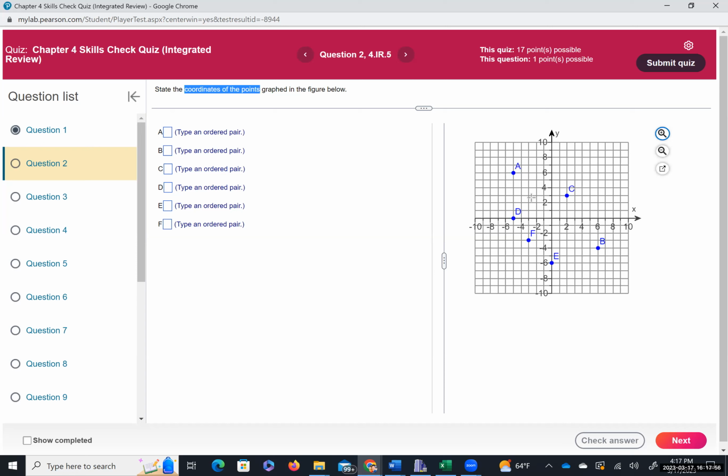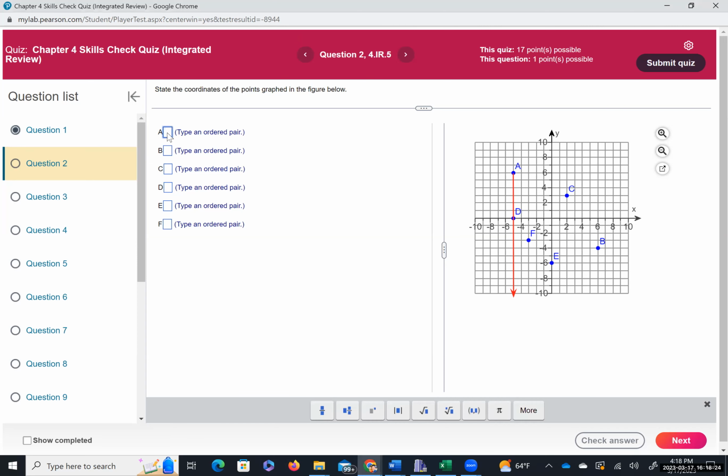Look at point A. I want to know the value of x for point A. In order to do that, from point A I'm going to draw a vertical line, and this vertical line will tell you the value of x, which is -5.